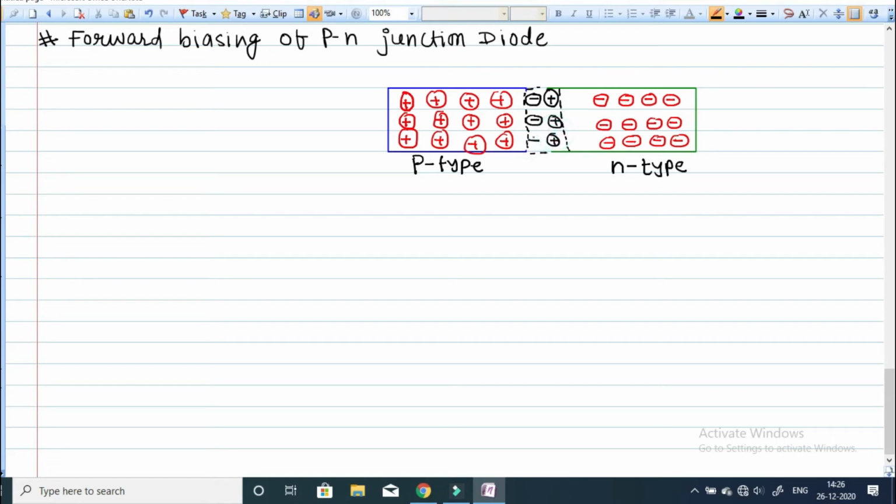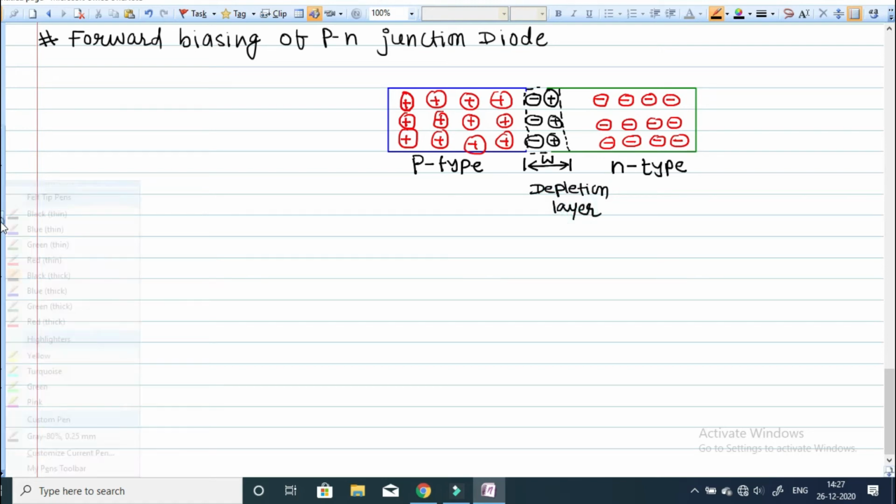And this region is the charge-free region, because negative charge ions will cancel the effect of positive charge ions, and here we will get the depletion layer. The depletion layer width is less in this case. This layer is known as the depletion layer.